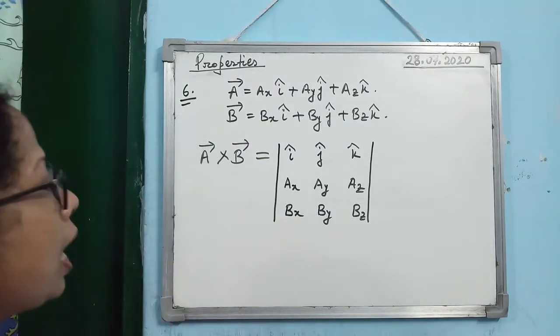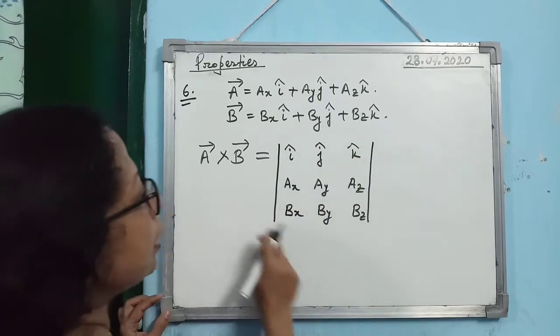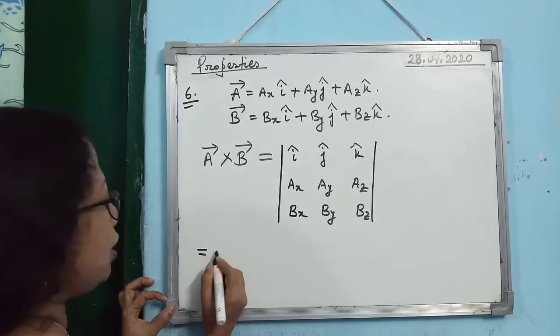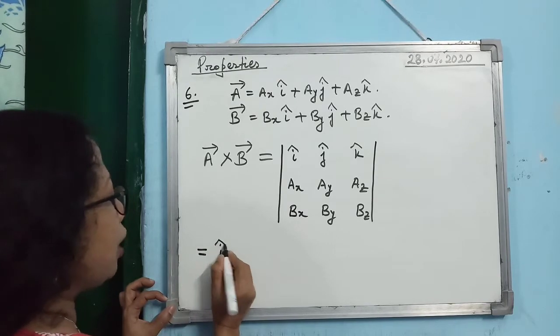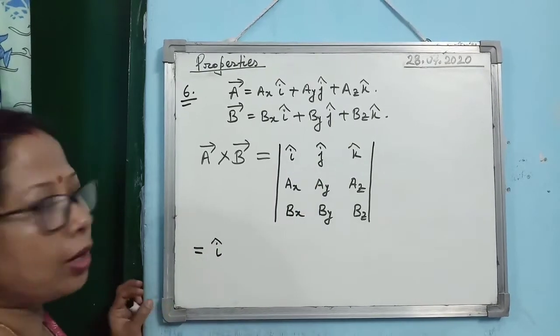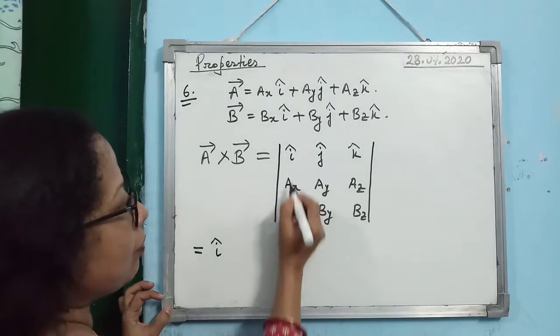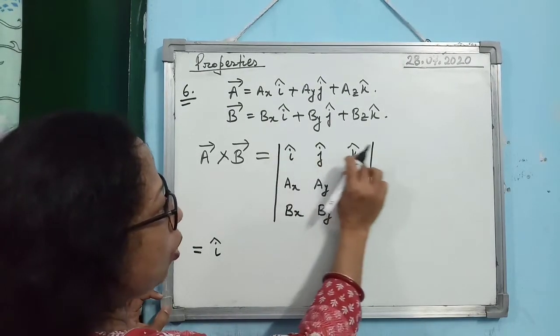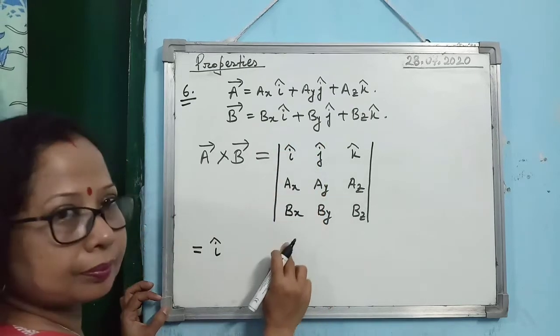Then how to expand it? This is the way you will write. First you write down the unit vector i. Now you see, unit vector i is in this row and in this column.